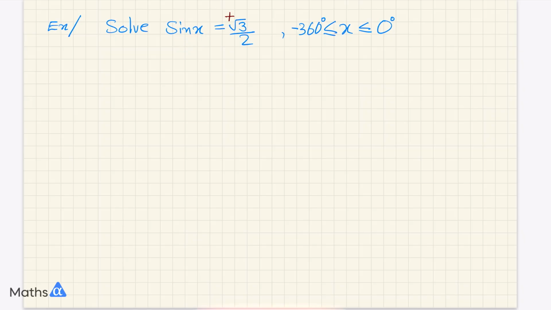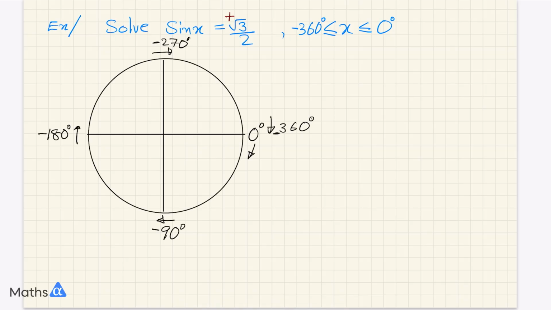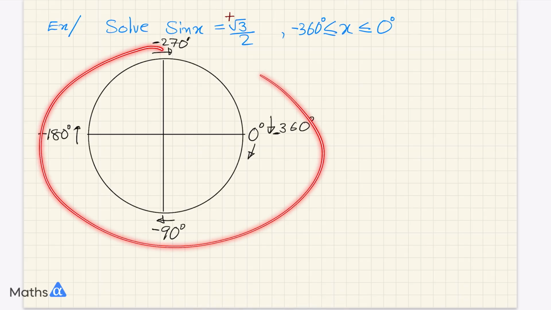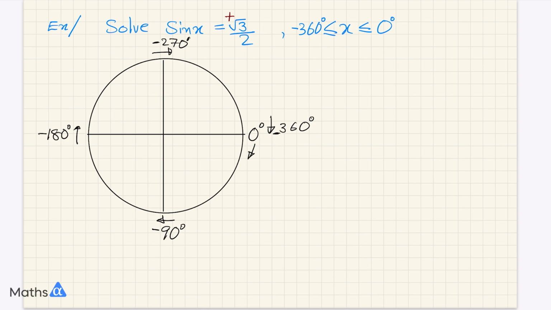So let me take the CAST diagram. Okay, so here we have the CAST diagram. We know that in the first quadrant sine is positive, right? This is the first quadrant, second quadrant, third, and here we have the fourth quadrant. So the first quadrant is here.